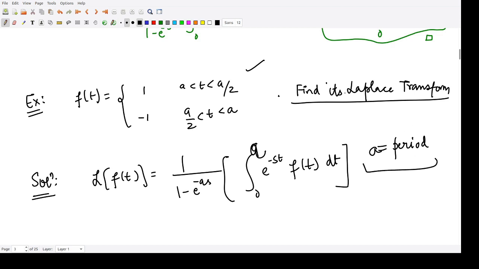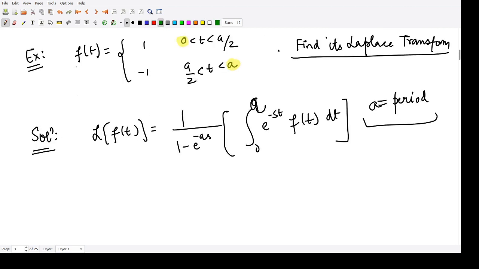So first of all you should note what the period of this f(t) is. This is defined, again not from a but from 0, from 0 to a, right? So the interval length is 0 to a, so its period is also a. So the period length is also a, right?